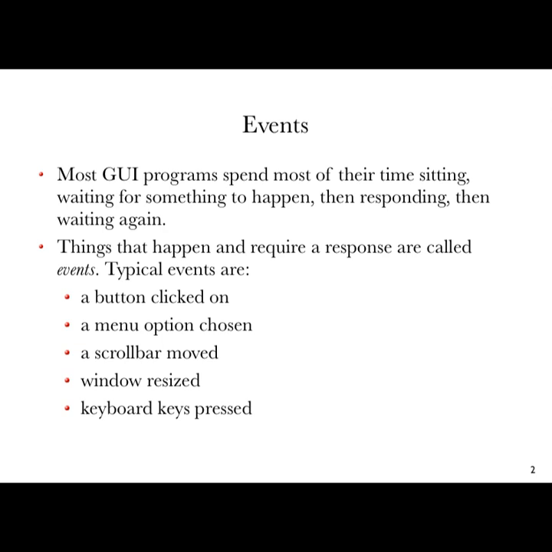And so we call these things events. The kinds of things that you have as events are things like clicking a button, choosing an option from a menu, moving a scroll bar, resizing a window, or pressing some keys on the keyboard. And when these happen, we need some way of telling the program how to respond to that. How does it react to that event that's happened?